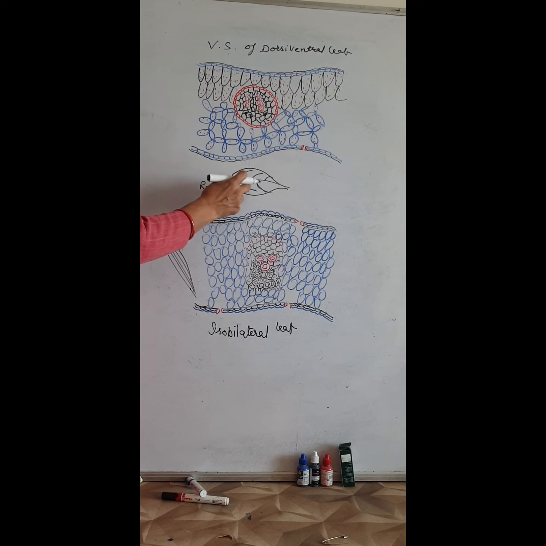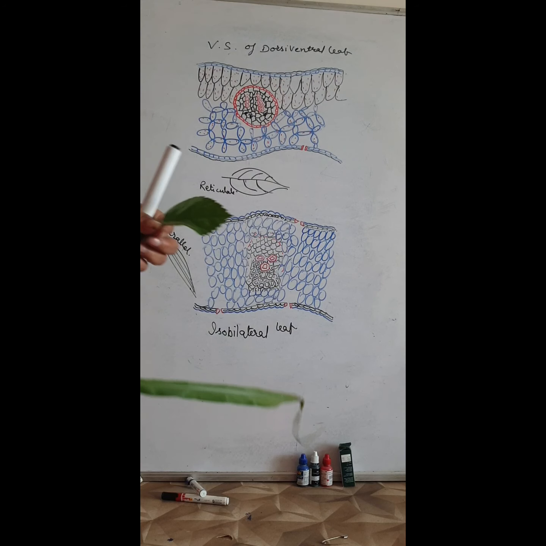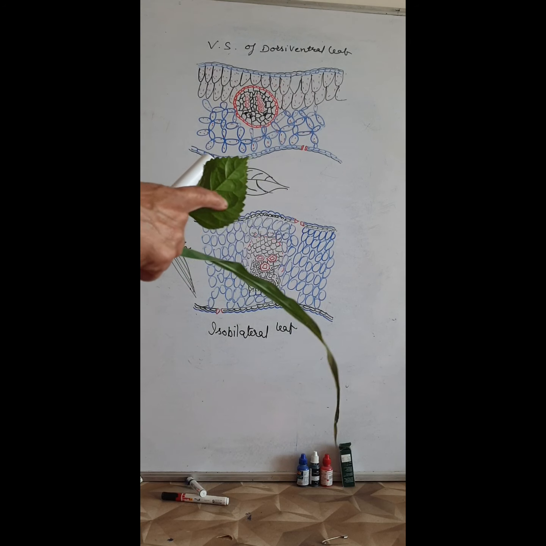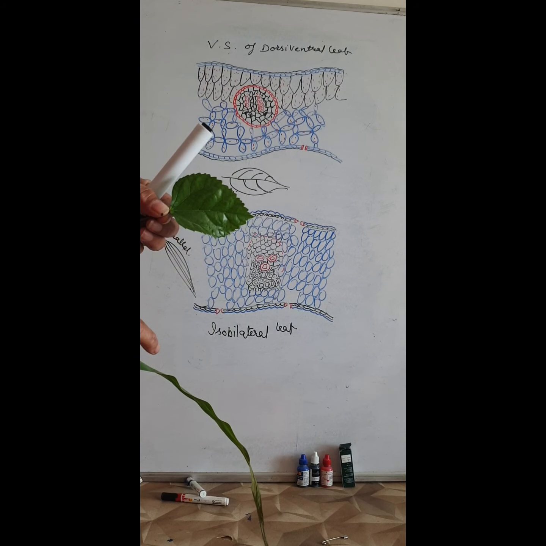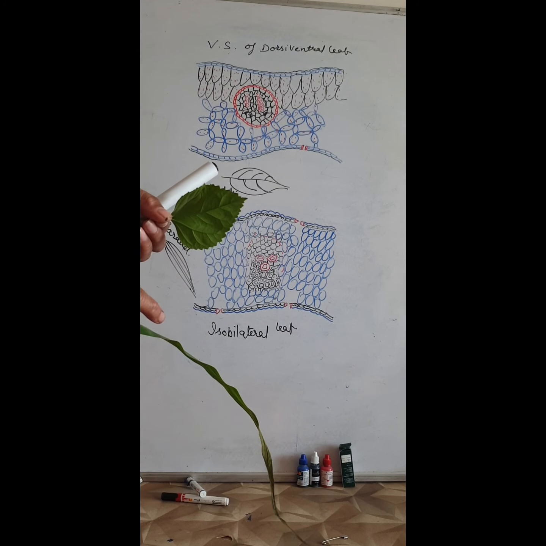By the arrangement of veins, we can distinguish between the dorsiventral leaf and the monocot leaf. The dicot leaf has the reticulate venation, and both surfaces have a different shade.